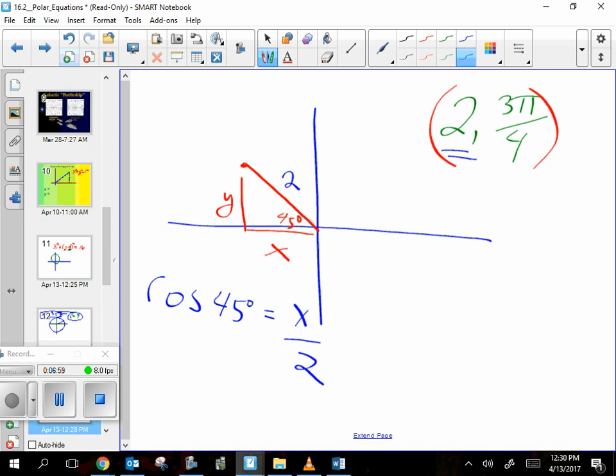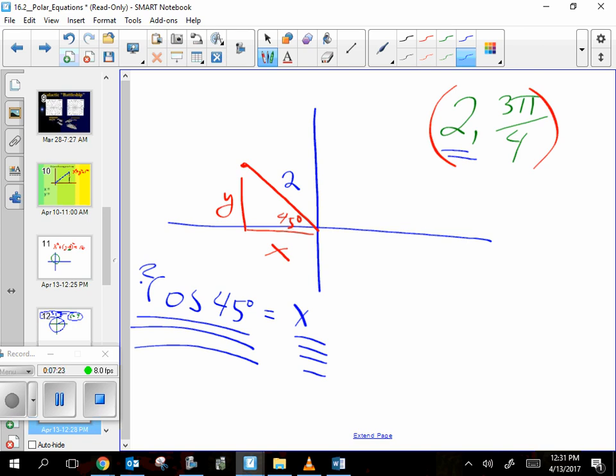Wouldn't it be true if I times by 2 on both sides? This is 2 cosine 45 equals x. I got it down to just an x. I've got polar on this side, and I've got rectangular on that side. So, which is this?